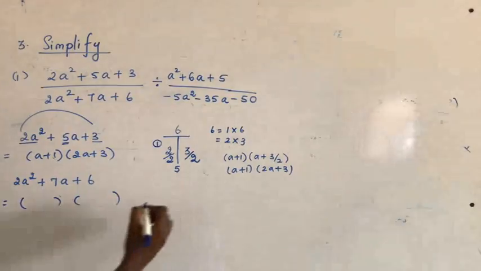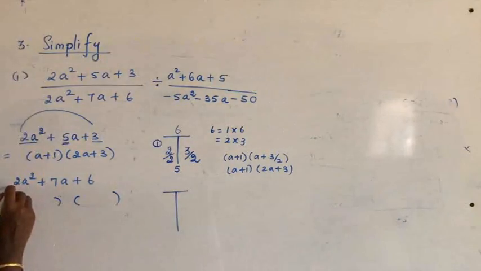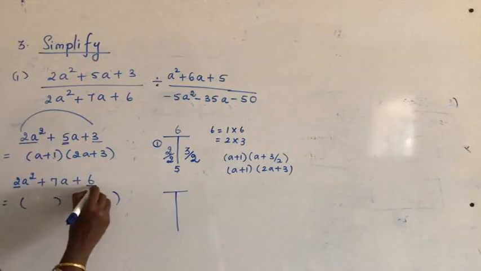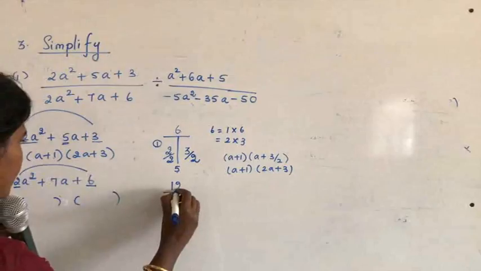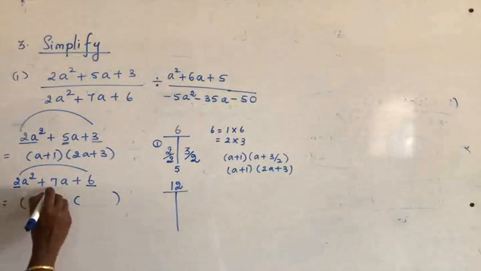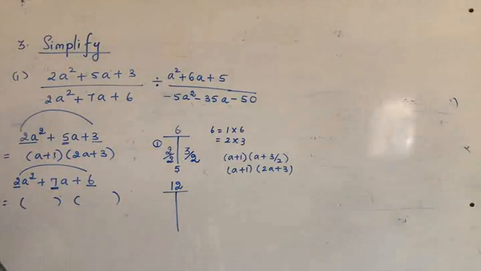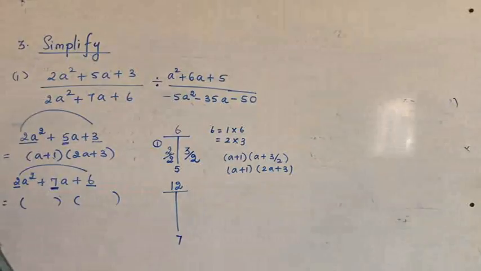So let's see. First, draw T. Coefficient of the first term is 2. The constant term is 6. Multiply this by 2, so you get 12. 2 into 6 gives you 12. The coefficient of the middle term is 7. What is the coefficient? You people know, yes? Coefficient is a number, the number along with the sign.